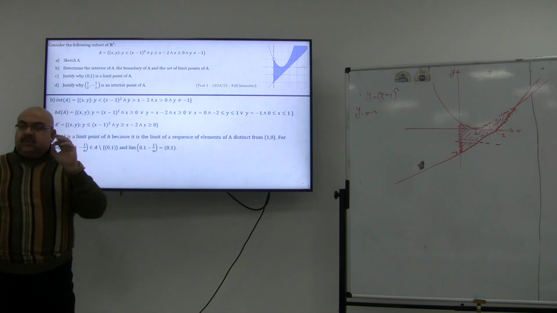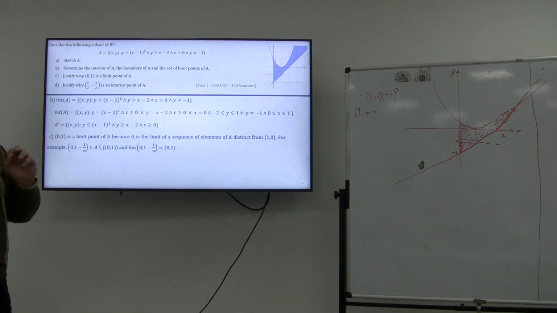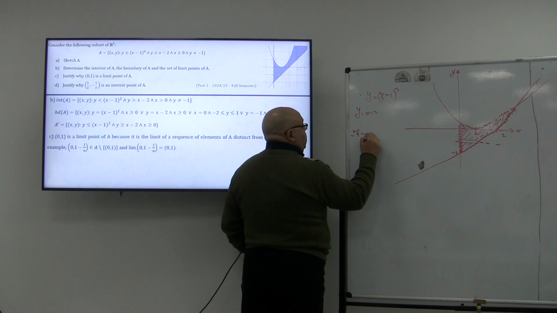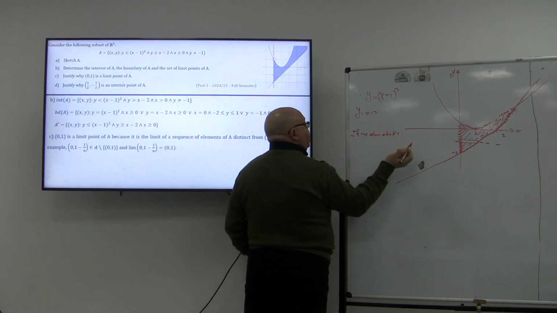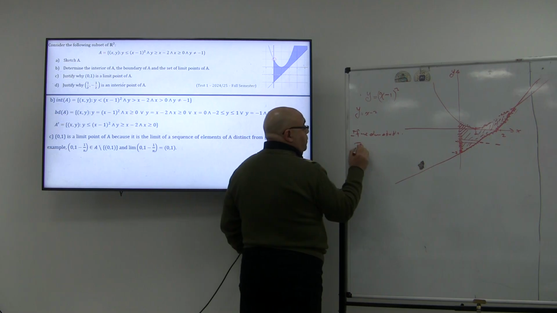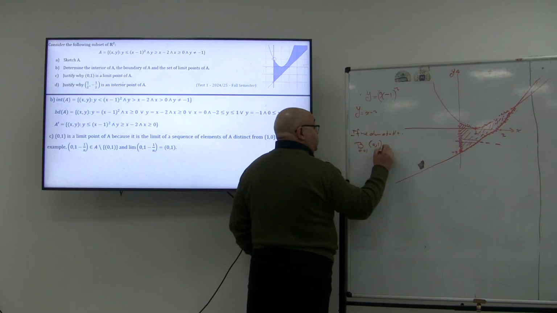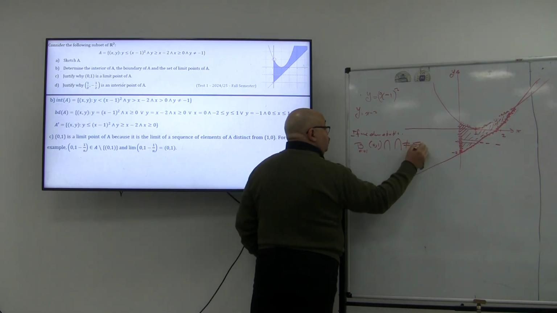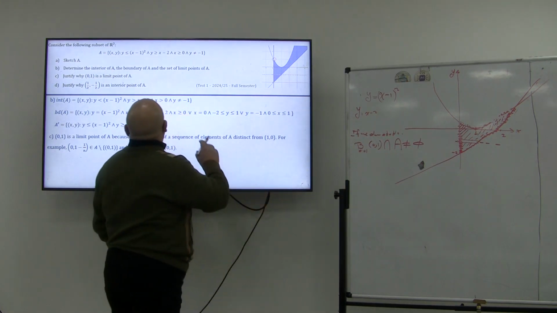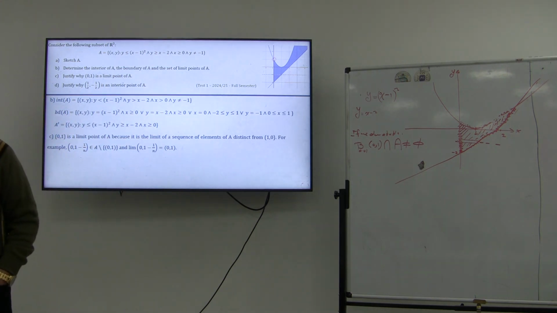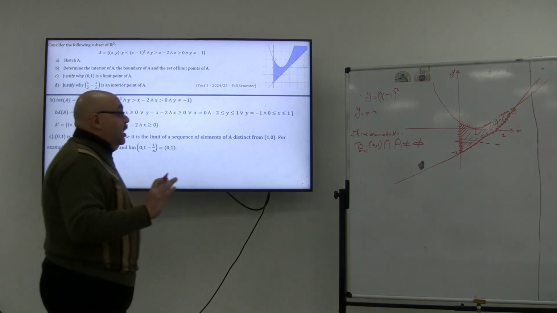it will be (0, 1). I can also describe it as follows: if we draw a bubble, which means an open ball, an open ball with radius 0.01 centered at the point (0, 1), then this ball intersection the area is not equal to the empty set. Meaning when I take the intersection with A, the open ball at (0, 1) with a tiny radius intersection A is not going to be empty.